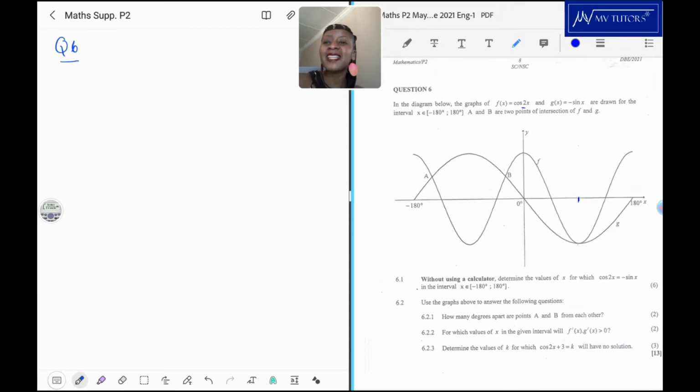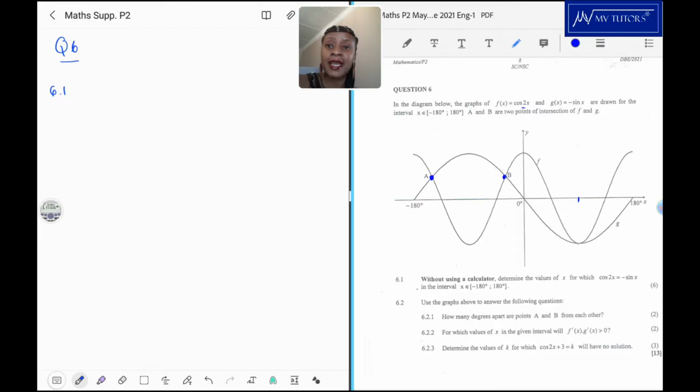Okay, now let's see. What are they asking us here? 6.1. Without using a calculator, determine the values of x for which cos 2x is equal to negative sine x. So basically, we're dealing with where the graphs of f and g intersect, which is at A and B, or instead of saying the word intersect, where do they have the same x and y values?